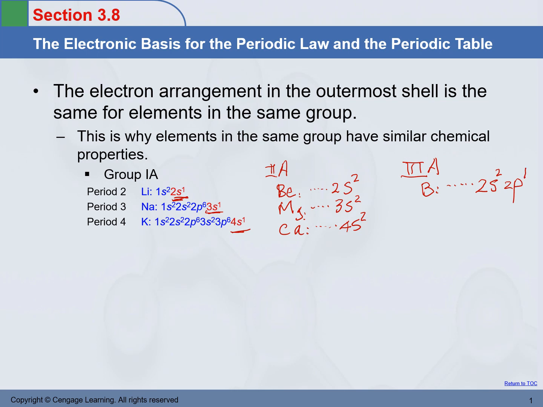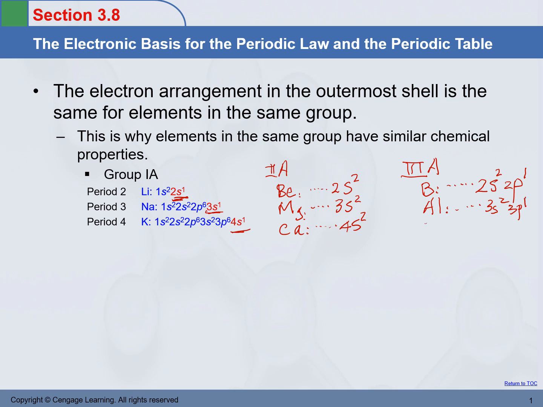In period 3, column 3A, is going to be aluminum, and the outermost shell will be 3s2 3p1, 3 electrons in the outermost shell.